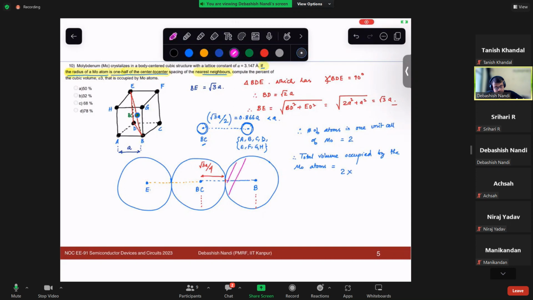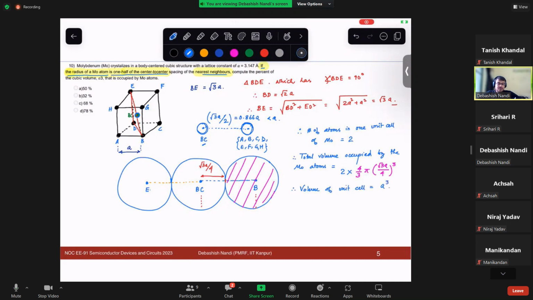The volume of one atom is 4 by 3 pi r cube. r is the radius. What is r here? r is root 3a over 4, cubed. And what is the volume of the unit cell? It is nothing but a cube.